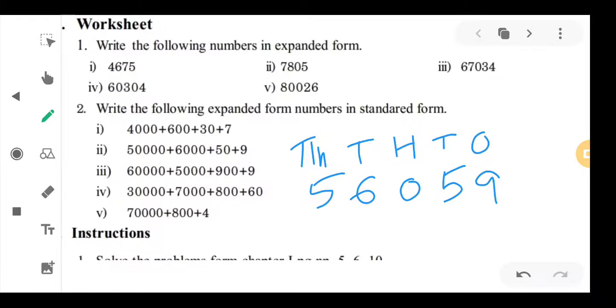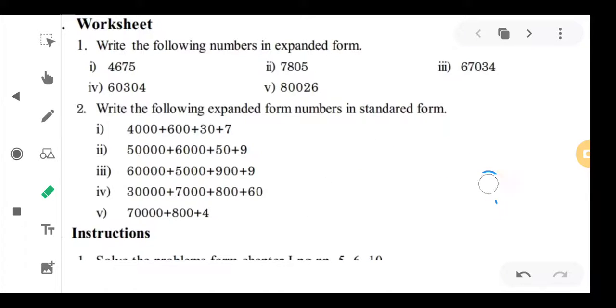Okay. Next one, third one. So here 6, after 6, 1 2 3 4. So total 5 numbers are there. So 5 digit number. So for a 5 digit number we also write like this, 5 digits. So 5 dashes, 1 2 3 4 5. After that fill the places.